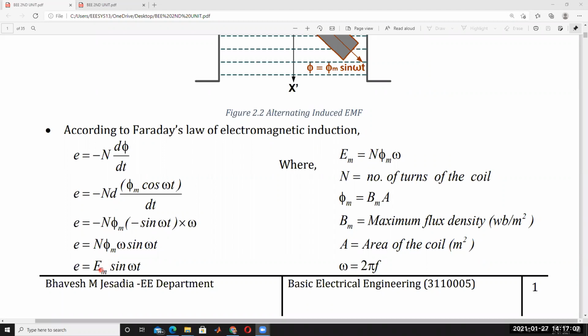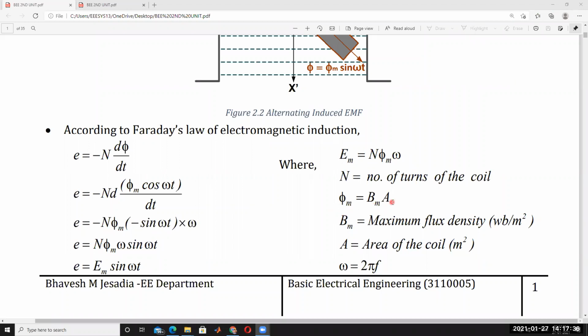So here Em is equal to n into phi m into omega. That is the EMF induced in the conductor. Here n is the number of turns of the coil and phi m is Bm into A. Understood?